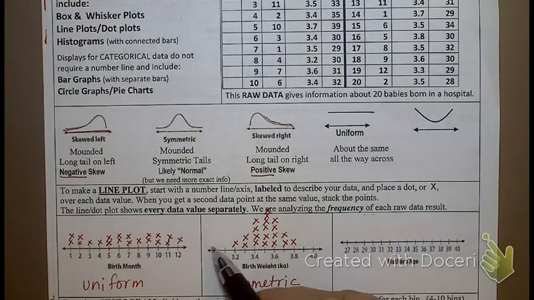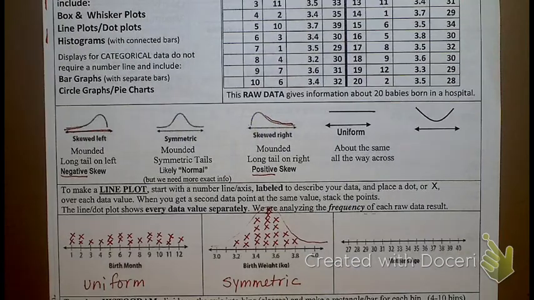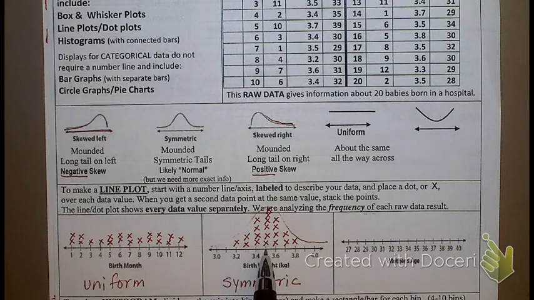If I were to draw in the curve, it looks like it would be that bell shape. Kind of sort of makes sense? When you're talking about babies' weights, babies tend to be born around the same weight. You have a few that are a little lighter, a few that are a little heavier, but there is generally an average right in the middle.